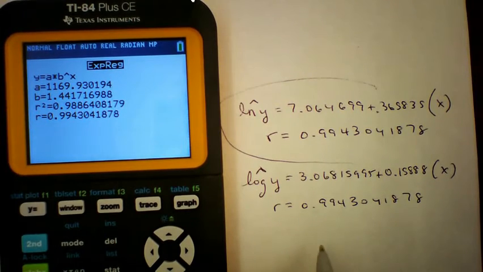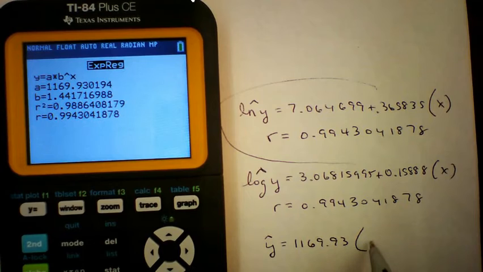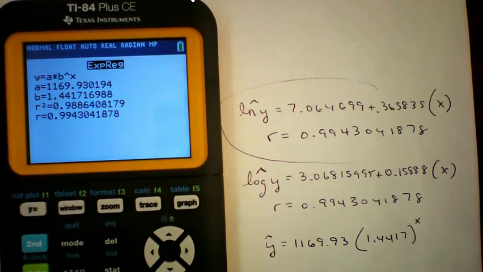So this actually is another way to say the exact same thing. I would get the values, and then my base is 1.4417. That's good enough. And then raise it to the x, where x is the years past 1970. That actually works as well.